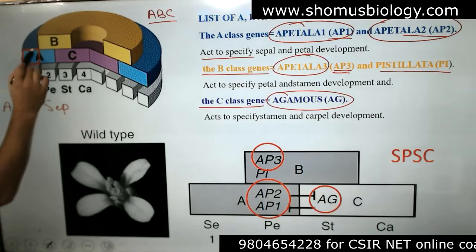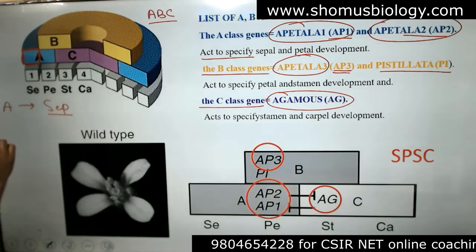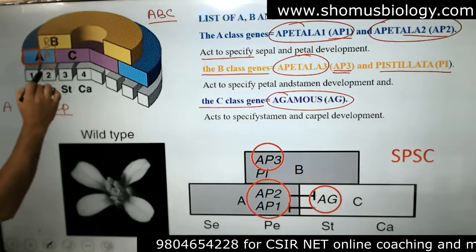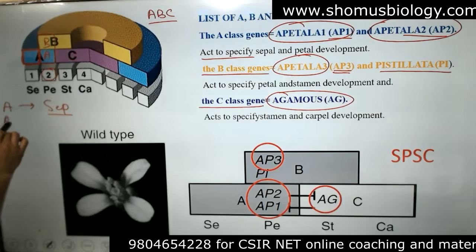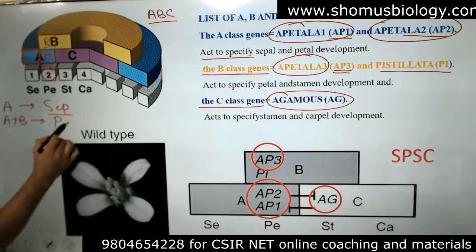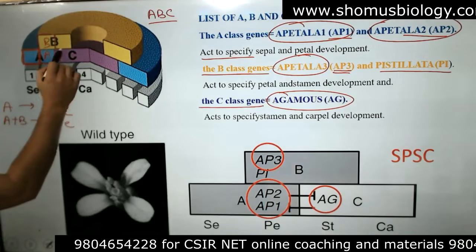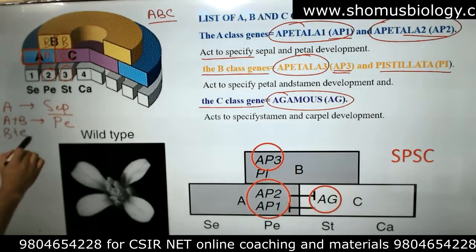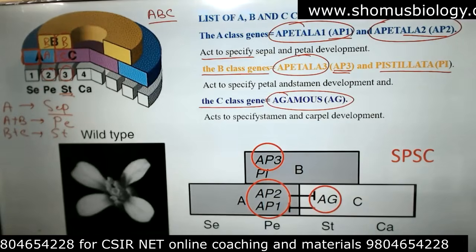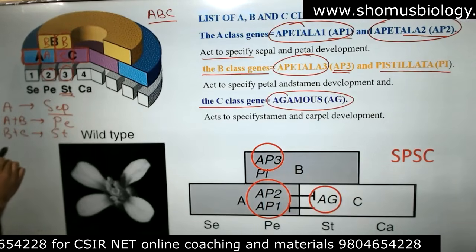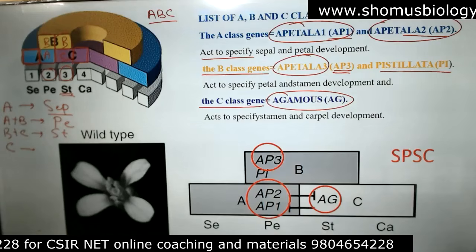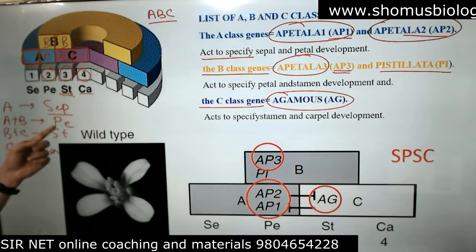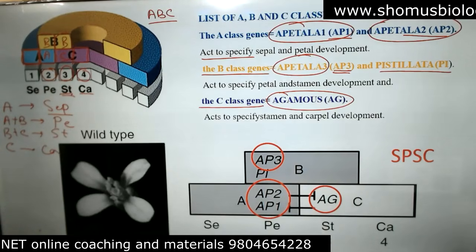If it receives A and B both, second whorl, then it will form petal. If it receives B and C both, third whorl, then it will form stamen. And if it receives only C expression, from C gene only, then it will form carpel.